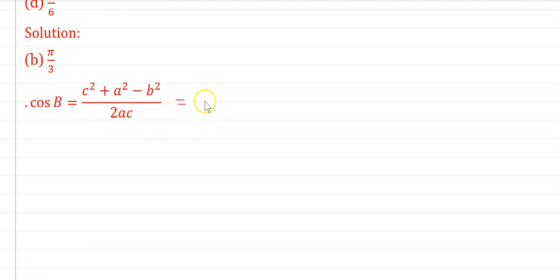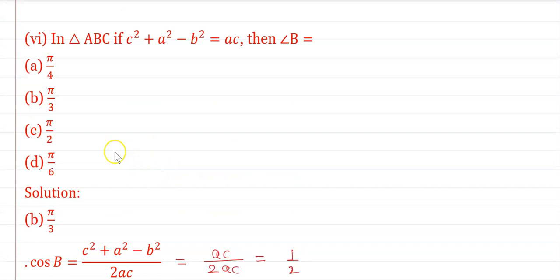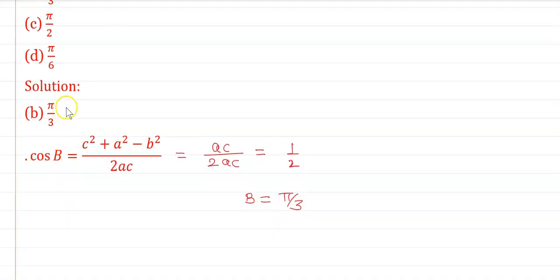Therefore, cos of B is equal to ac upon 2 times ac, and that is equal to 1 upon 2. Therefore, cos of B is equal to 1 upon 2. As cos of B is 1 upon 2, what should B be? Therefore, angle B must be pi by 3. Okay, this is B equal to pi by 3, and hence option B is the correct one.